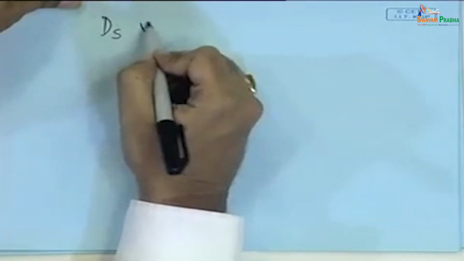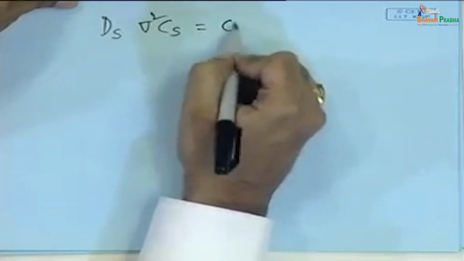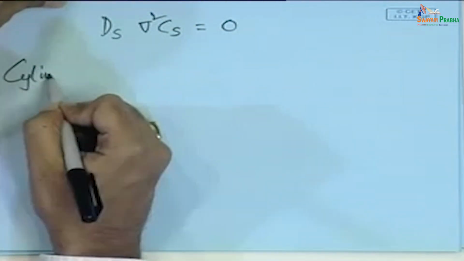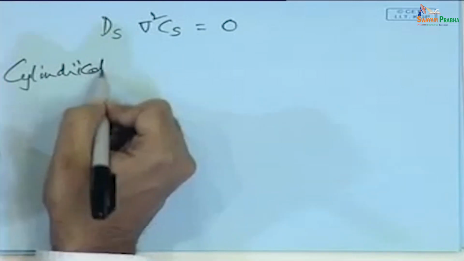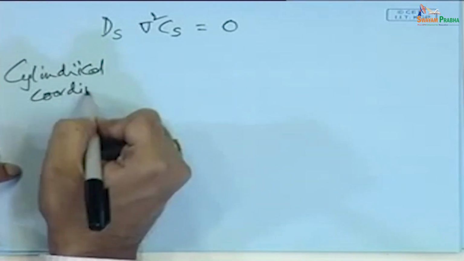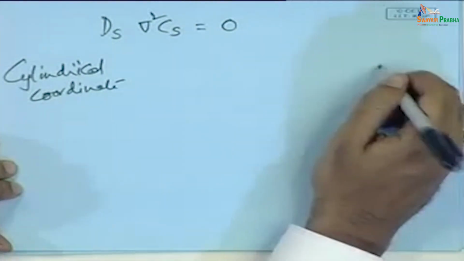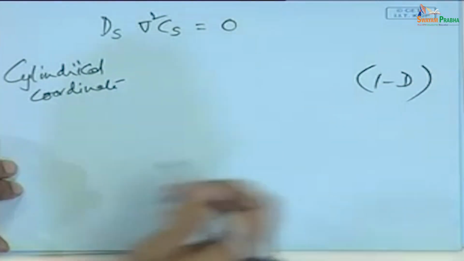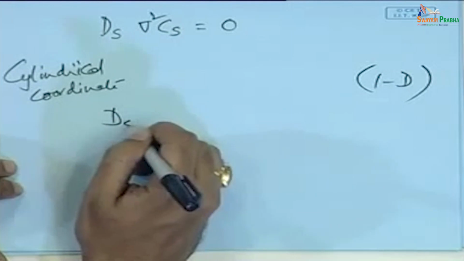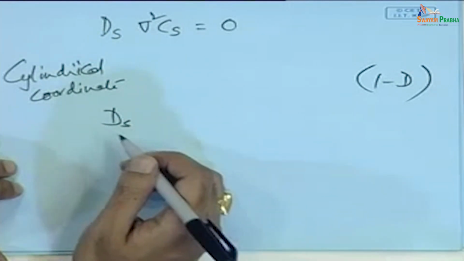Now, let us write it in the cylindrical coordinate. So, 1D would be only in radial if I am writing. Do you remember the Laplacian?